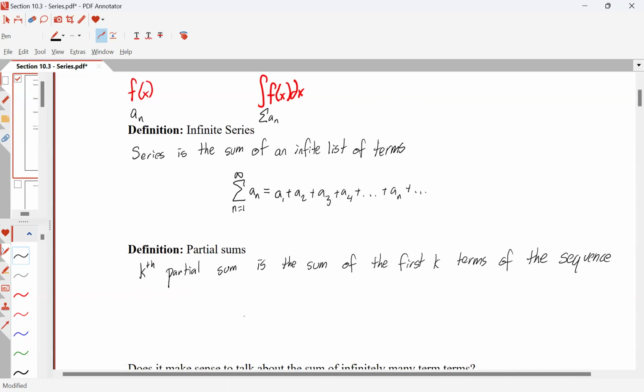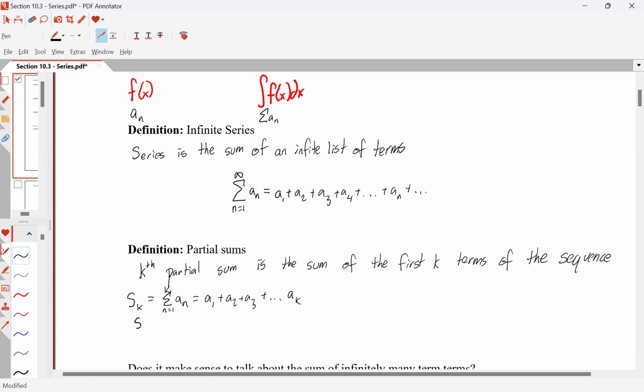We are going to denote the partial sum as S sub n, or S sub k. And so this means the sum from our starting value up to k of our sequence. And this means a sub 1 plus a sub 2 plus a sub 3 plus so on until we get to that kth value. And then we stop. It does not continue on any farther.